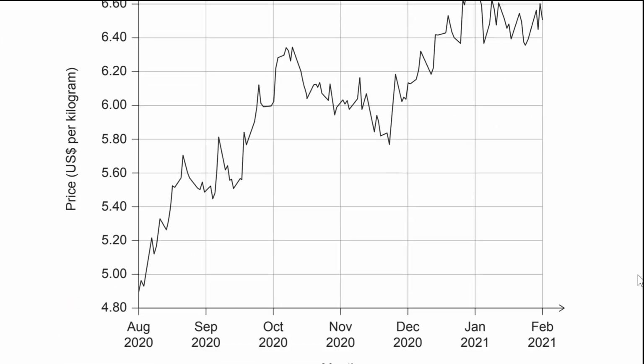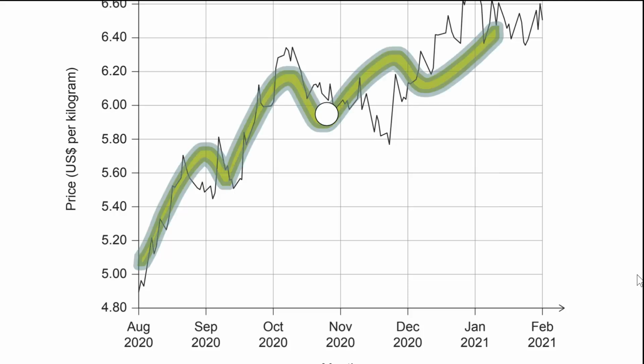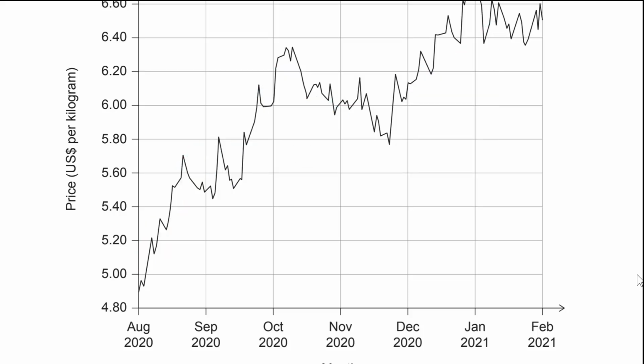This is what we call a time series graph. It shows us the price of wheat over time. On the horizontal axis we've got August 2002 to February 2021, and up here the price of wheat is fluctuating, going up and down.